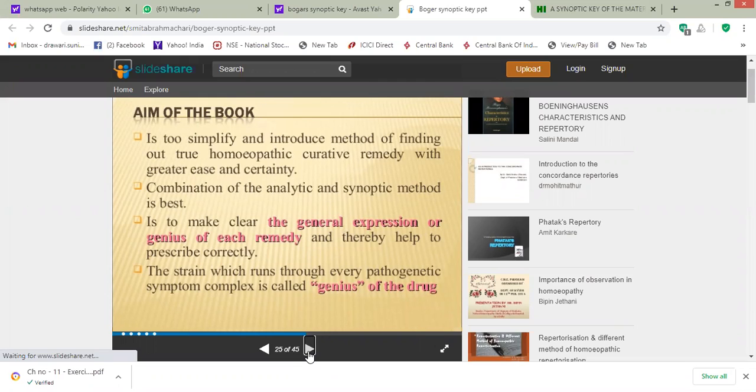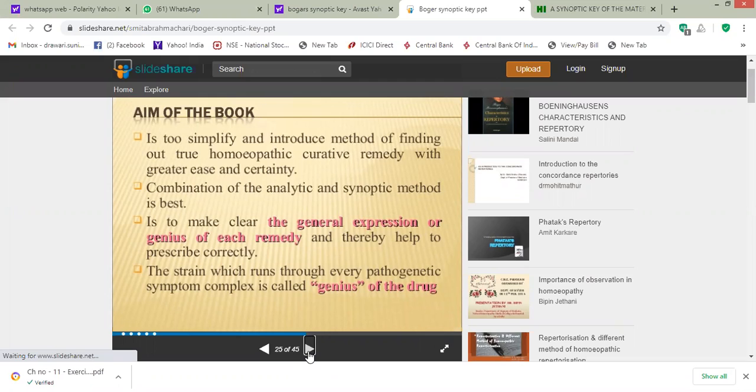Then the combination of analytic and synoptic method is best. In the analytic method, the repertory part is given, and in the synoptic part, the medicines are explained in a very systematic way. So the combination of both parts is the best and helpful while finding the simillimum.